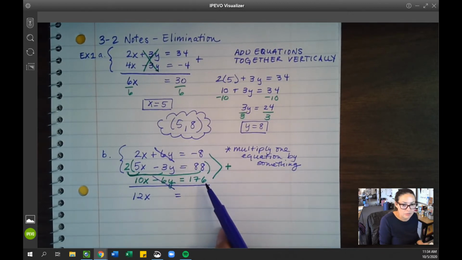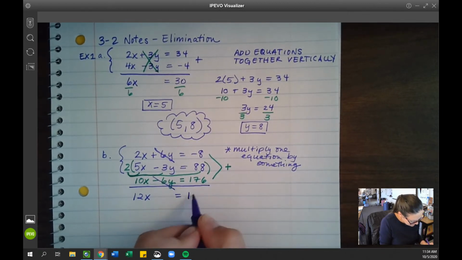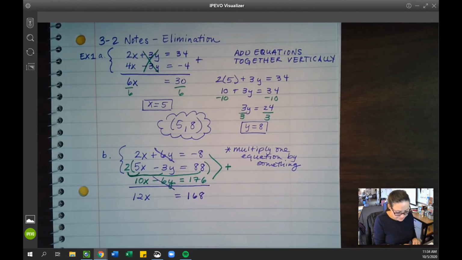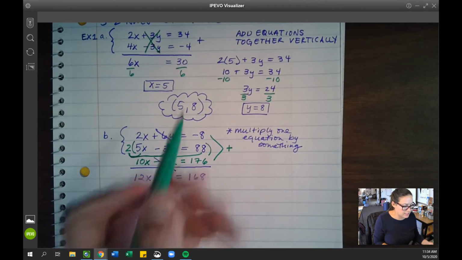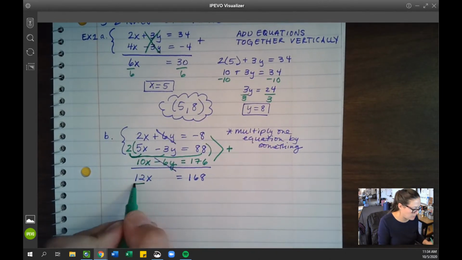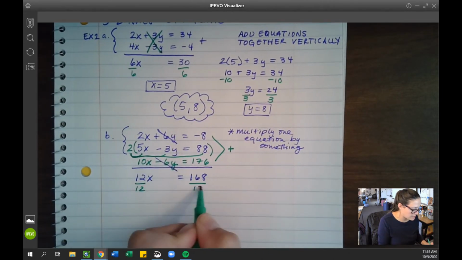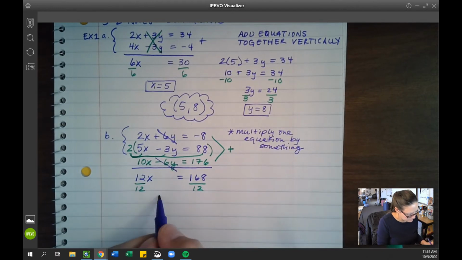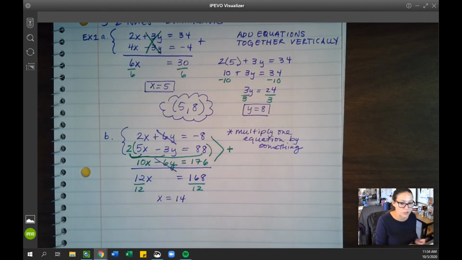And negative 8 plus 176 gives me 168. And now we're just in the same boat as we were in the first example. I'm going to finish solving for x. So we get x equals 14.